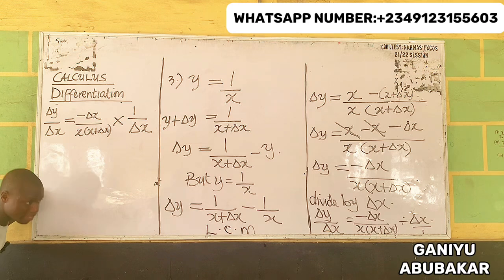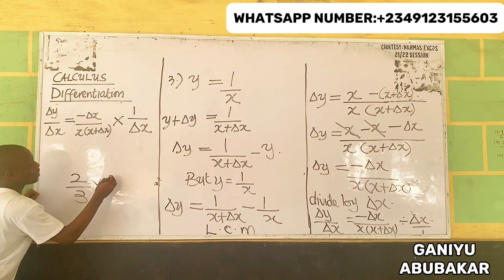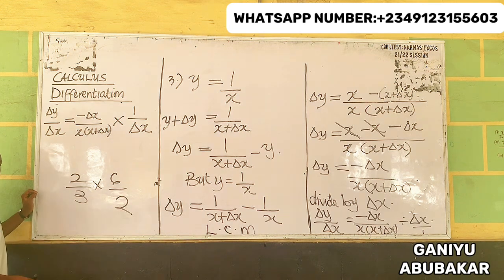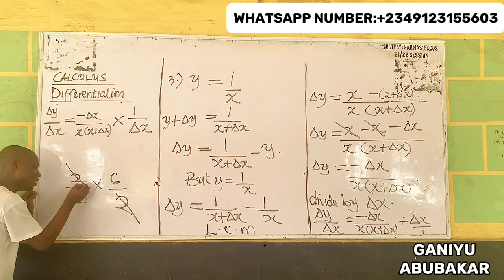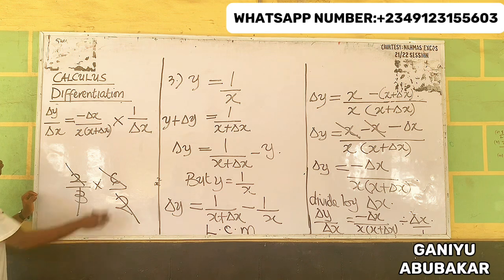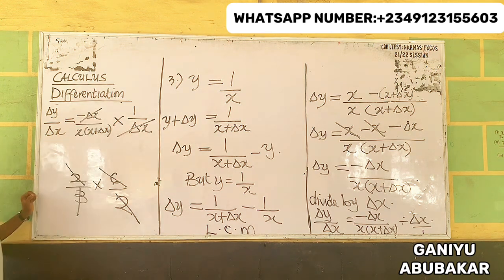In mathematics, if I have 2 over 3 times, let's say, 6 over 2, don't look for the LCM here. This here 1, this here 1, this here 1, this here 2. What can you see here? This will cancel this one. Now what I have here is change in y.